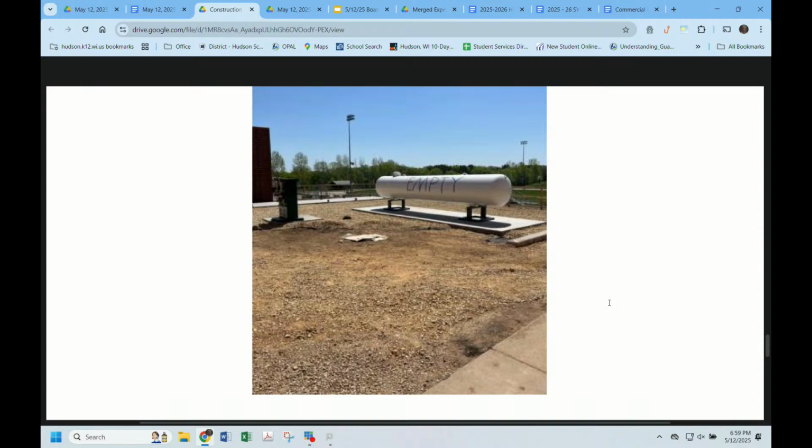We have propane tanks at the middle school complex, middle school Prairie, EP Rock will have them, North Hudson, and the high school. We can also run our backup generators on either natural gas or propane, depending on what we need to do. Just to give you an idea, if we had to go to alternate gas service, that propane tank would last us about 36 hours.